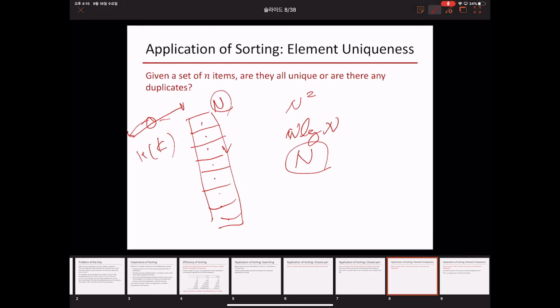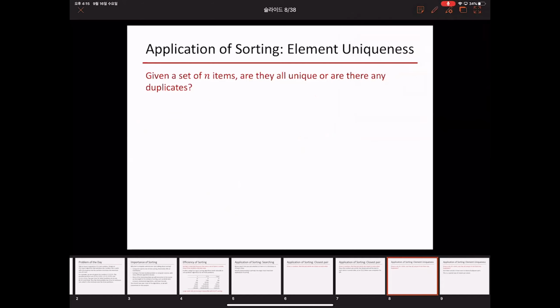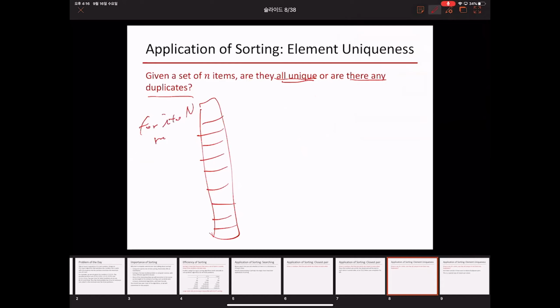Okay, for those who do not understand properly, I'm going to explain one more time. My job is to find whether all are unique or there are any duplicates. Let's say random numbers are coming in. I want to know, is there a duplicate or are they all unique? Then I have to have a hash table first. Then I keep reading the values, for i to n, read the value, hash it and put it into the hash function.